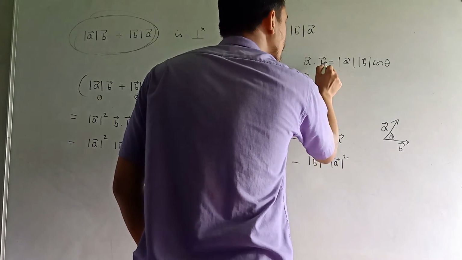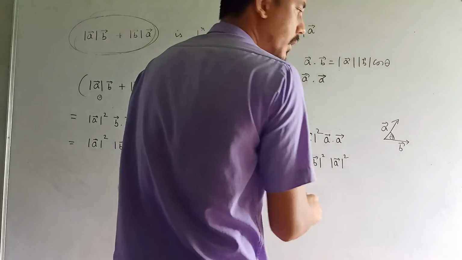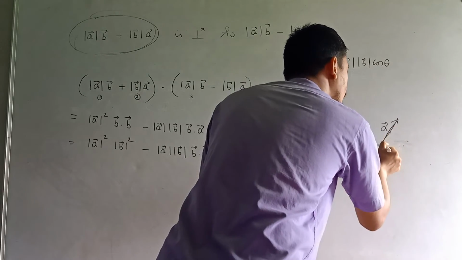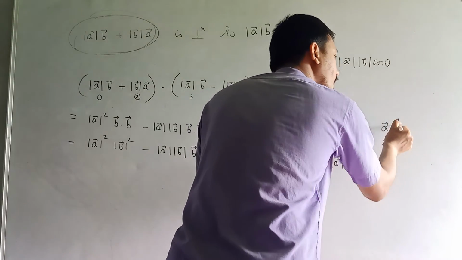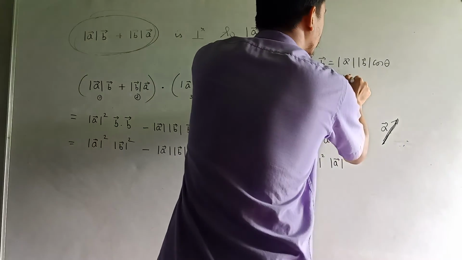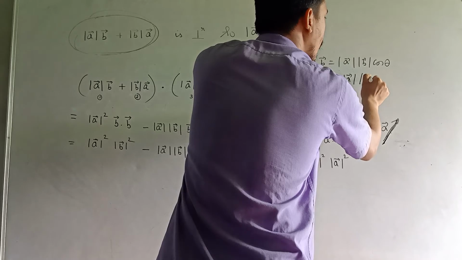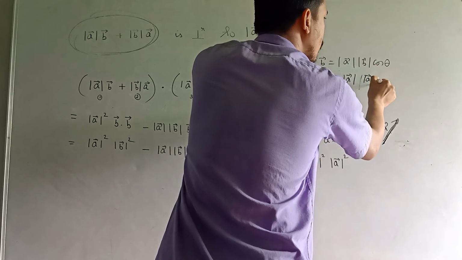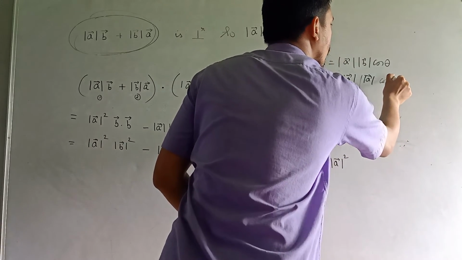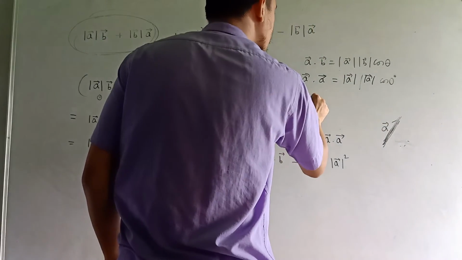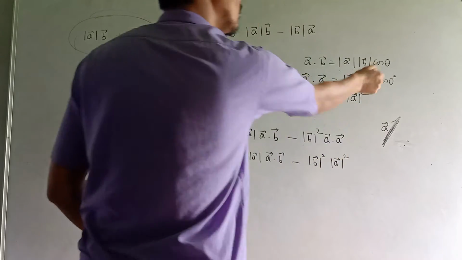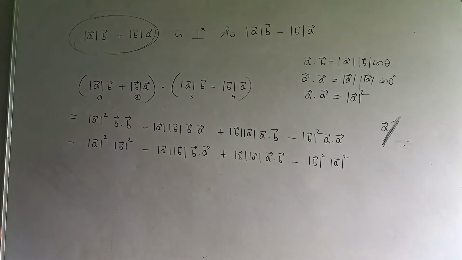Now if I replace this B by A, then there is no more B. I'm finding the dot product of A and itself. Then it is magnitude of A times magnitude of A, and the angle will be 0 degrees. So A dot A will be magnitude of A squared. That is a derived result.